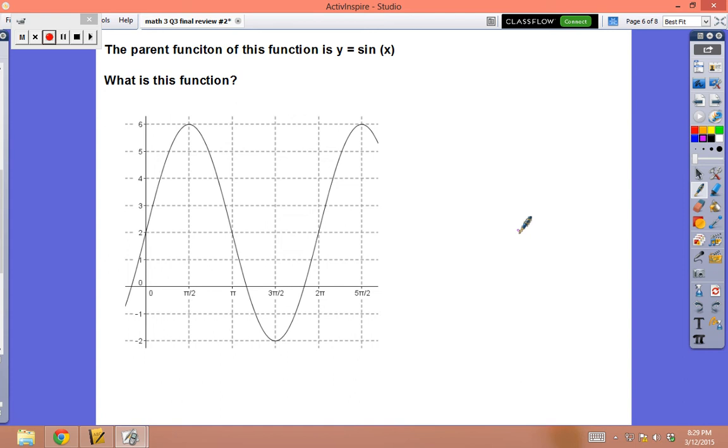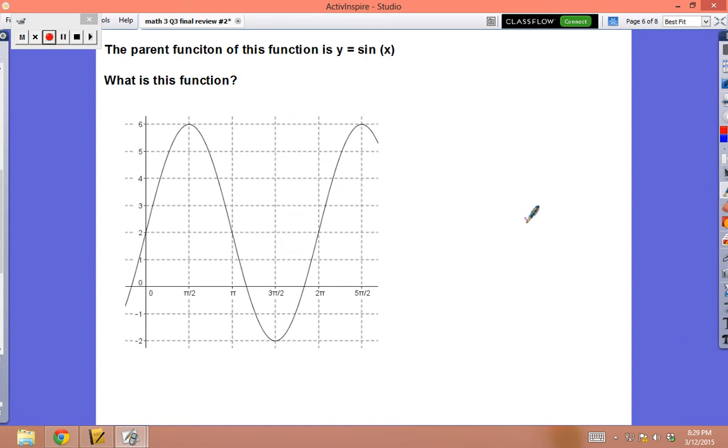Okay, now you're given a graph. Can you look at the graph and figure out what the transformed function is? So the parent function is y = sine of x. So let's look at the max and the min. I go all the way from 6 down to a -2. So from here to here is 8 units.